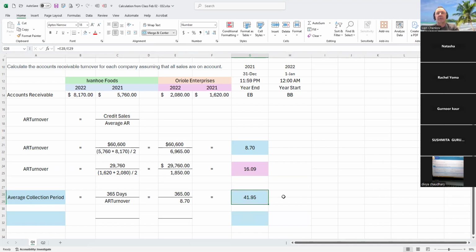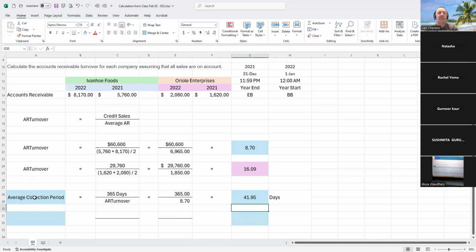Let's stay with below. What's the 41.95? What's that for us? Days. Make sense? That's how many days it takes us to collect our accounts receivable.